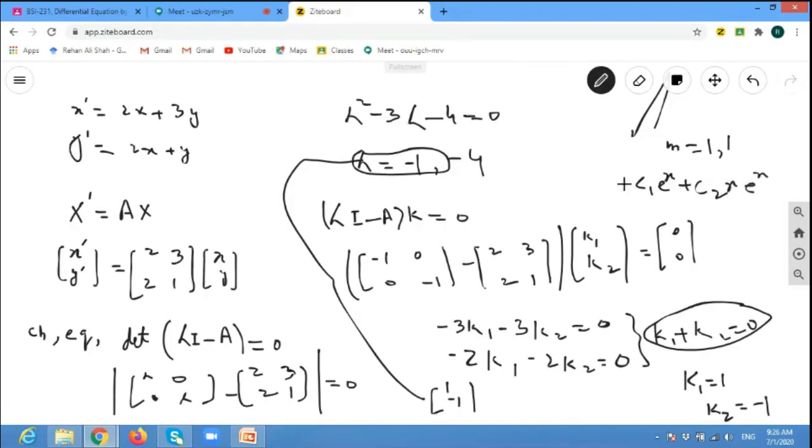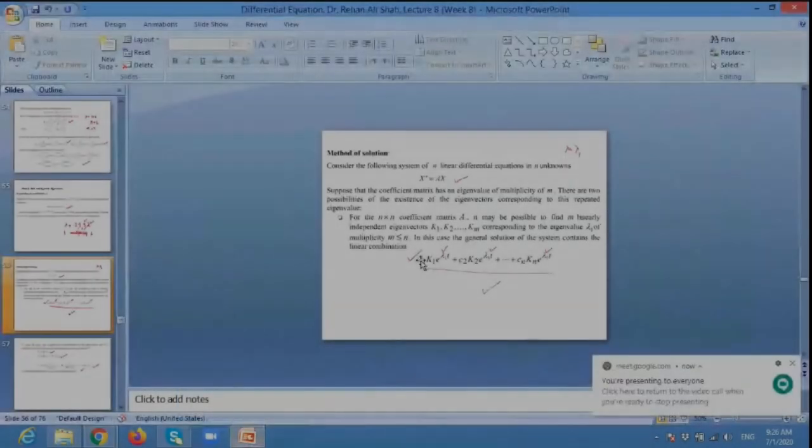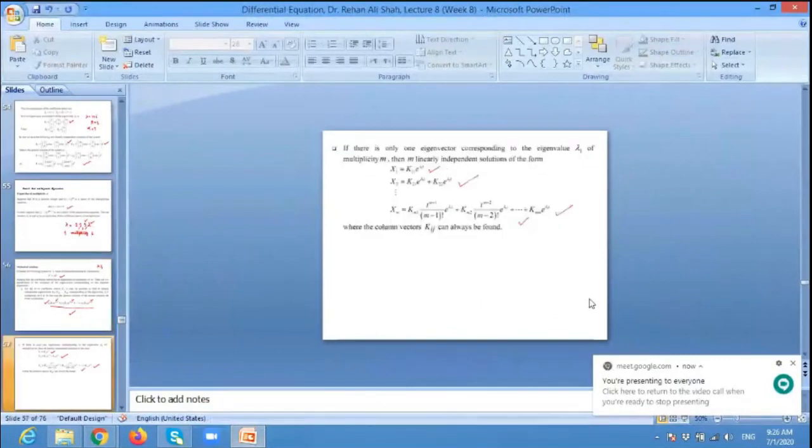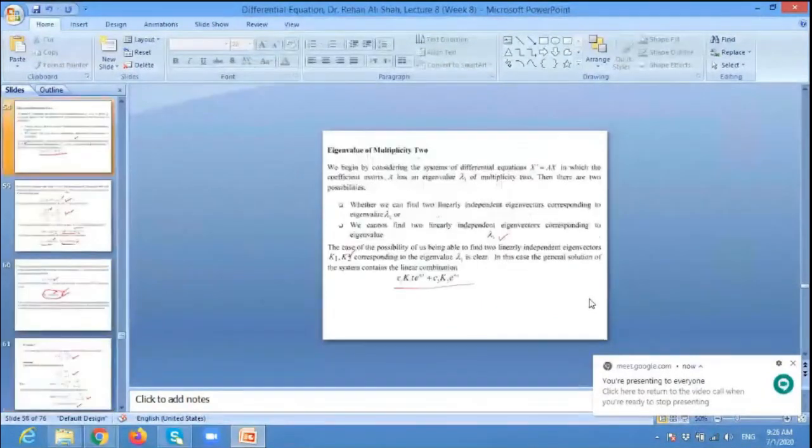याद है ना? This is why, if the roots are repeated, याद है ये प्रोसीजर होगा, उसके साथ आप t मल्टीप्लाई करेंगे. So this is the procedure.